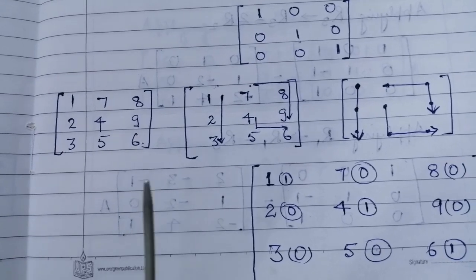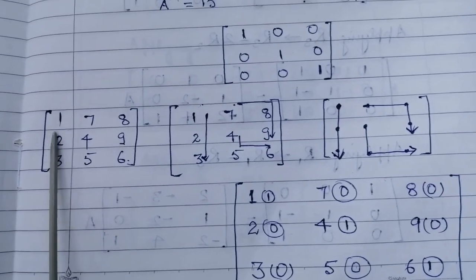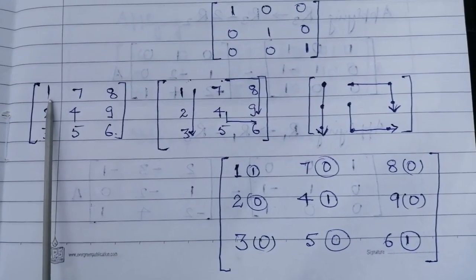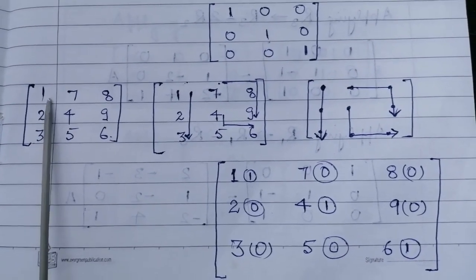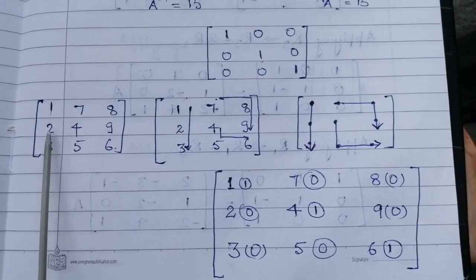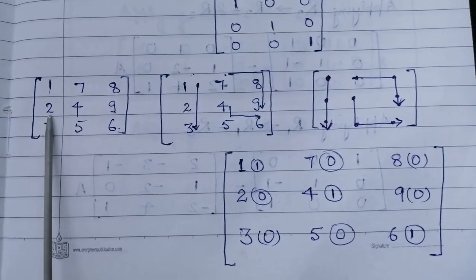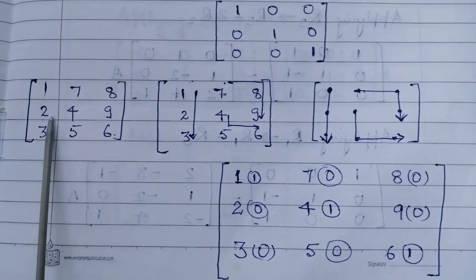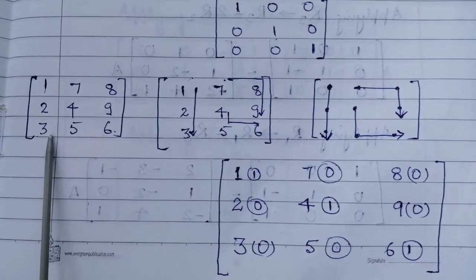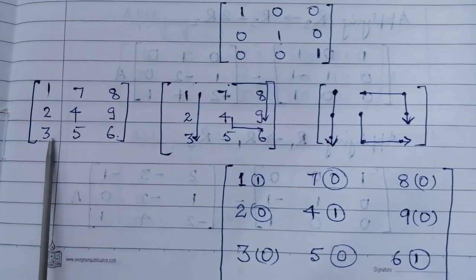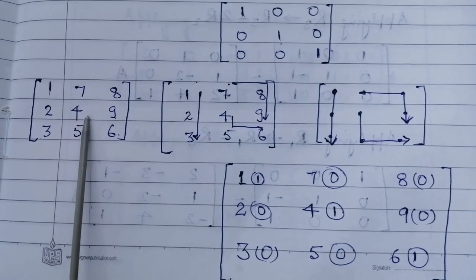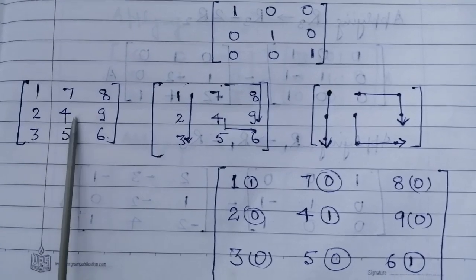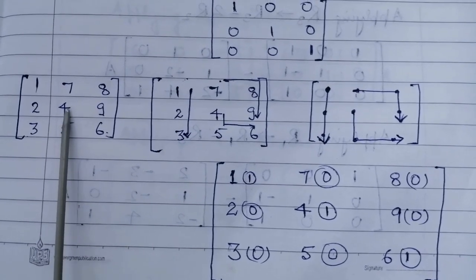Now what is this? First of all, where I have written 1, we will make the element of matrix A 1, right? Then where I have written 2, I'll make the element of matrix A as 0. Then at 3 again we'll make this element 0. After that we come to this element. For identity matrix here we need 1, so we'll make this element 1.